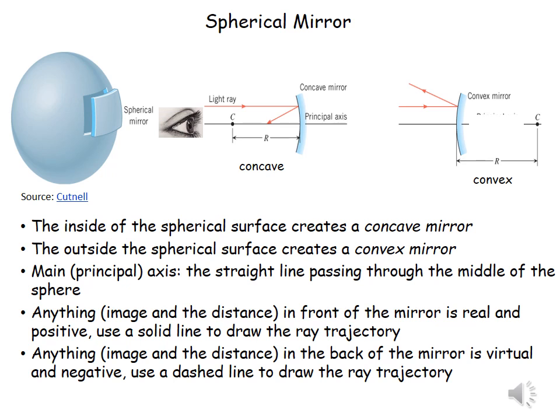Keeping that in mind, anything in front of the mirror is real and positive, and you need to use a solid line to draw the ray trajectory. And anything, could be image or distance, in the back of the mirror is virtual and negative, and you need to use a dashed line to draw the ray trajectory.